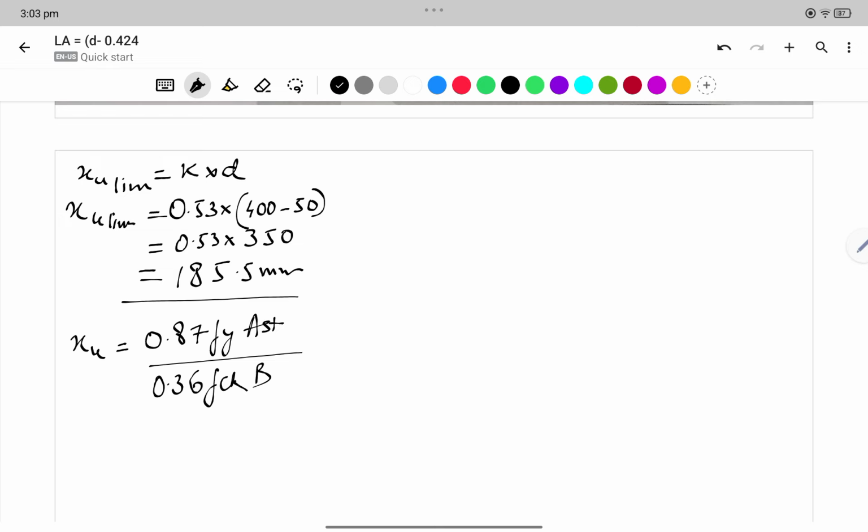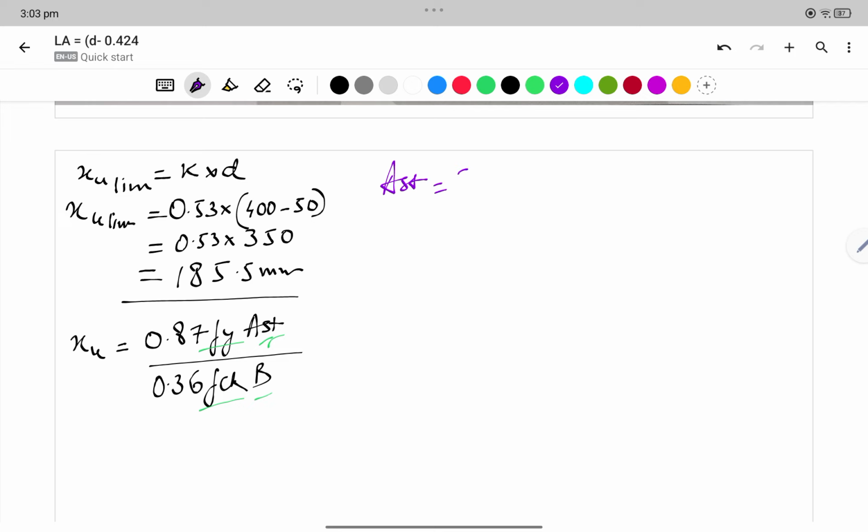You can just remember the two forces, the compressive force and the tensile force, equated. Now we have Fy, fck and b, we just have to calculate the Ast.